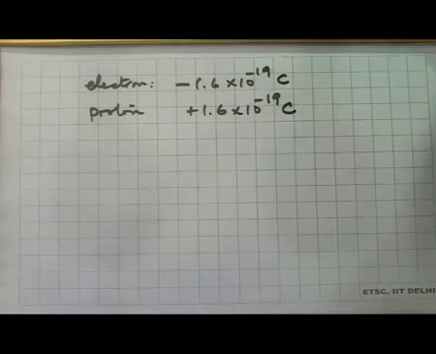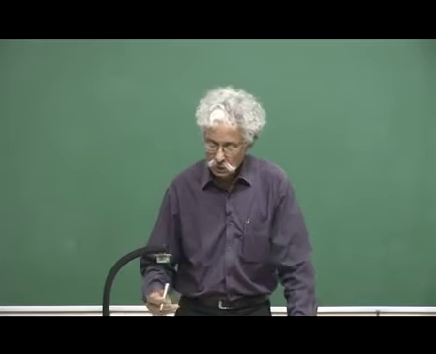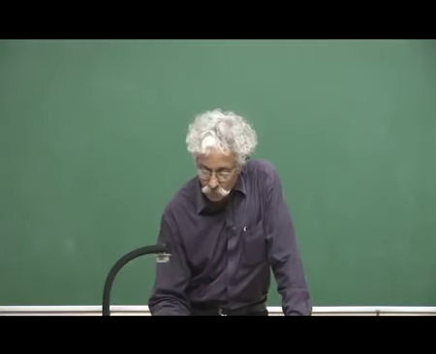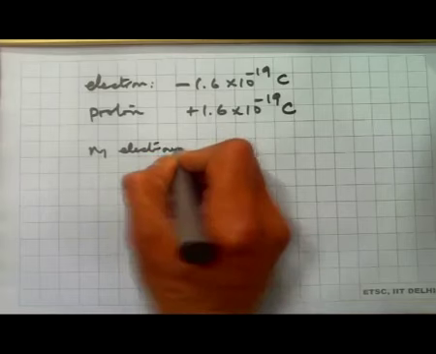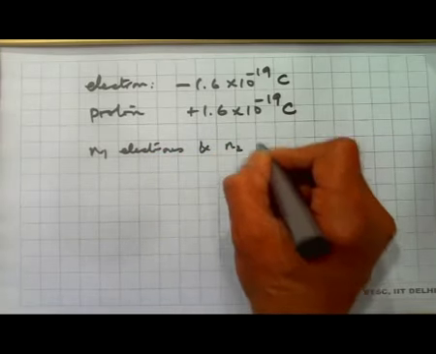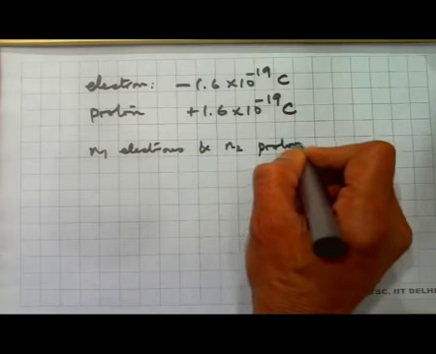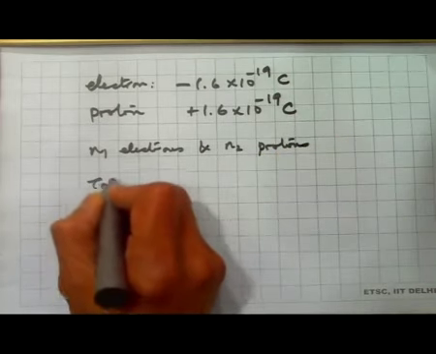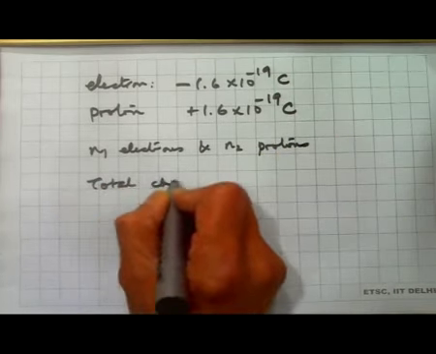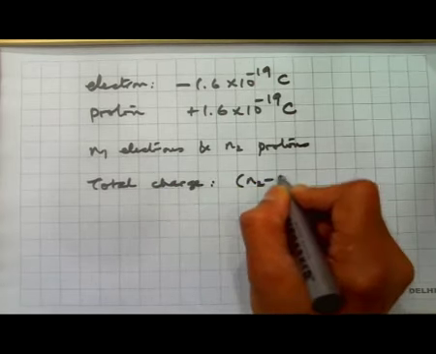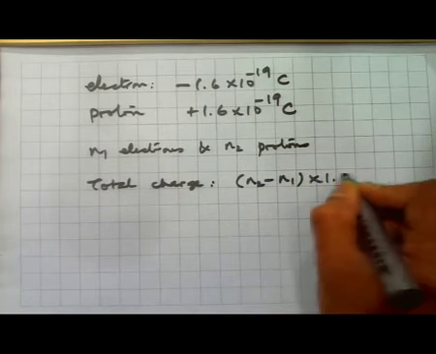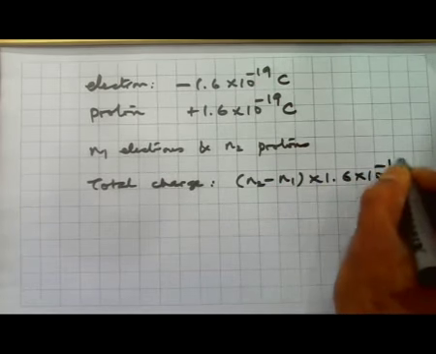So, if you have n1 electrons and n2 protons, the total charge is (n2 minus n1) into 1.6 into 10 to the power minus 19 Coulomb. So, you algebraically add the charges.